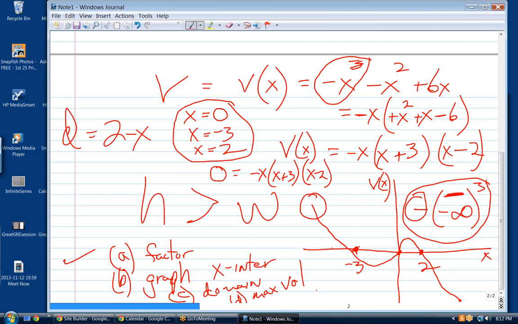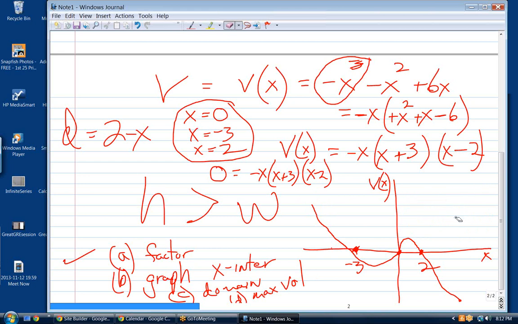It can't come up from below the x-axis. It has to come down from above the x-axis. Merely looking at the end behavior, I can figure that out. And I can also figure out that when x goes to positive infinity, v of x goes to negative infinity.